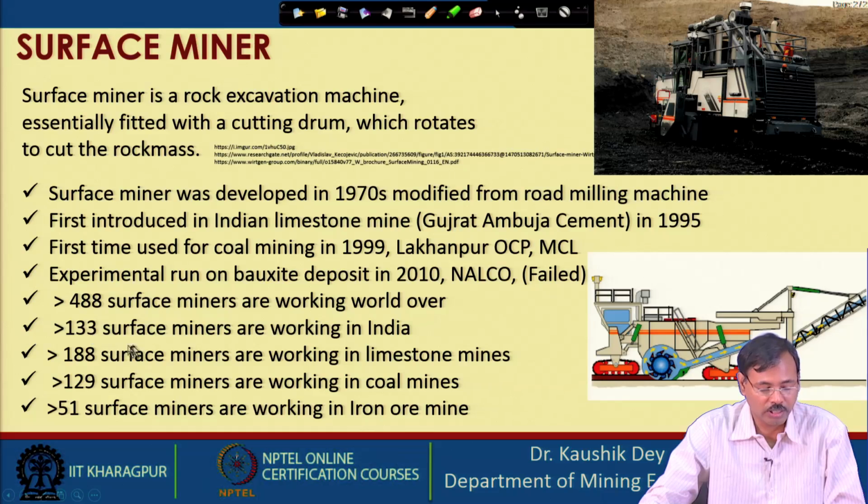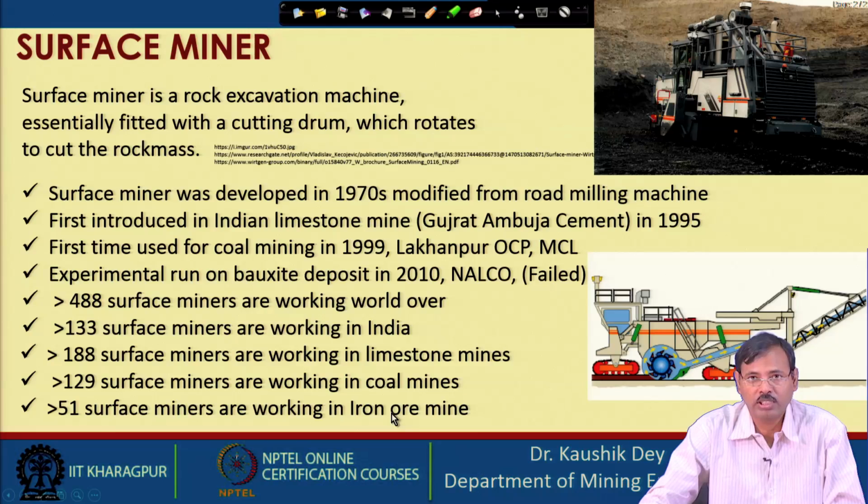Currently around 500 surface miners are working all over the world, and among that 133, more than 1/4, close to 1/3, are working in India. Worldwide, around 188 surface miners are working in limestone mines, 129 in coal mines, and 51 in iron ore mines.